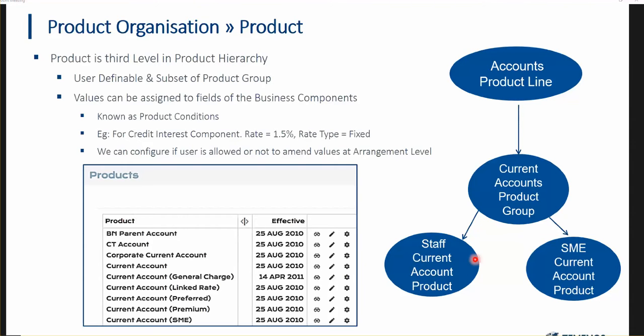In this product, I can only use the 20 components which are here in the group. Here there are 30 components, but in this group, I only put 20. So any product that I create under this group can only have a maximum of those 20. You got the point, right?